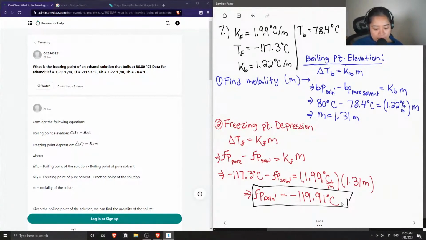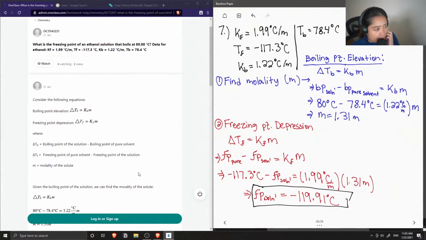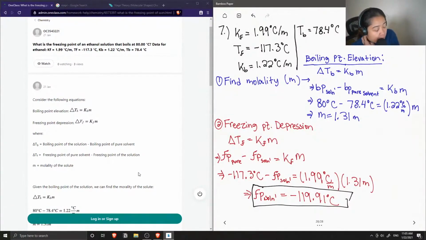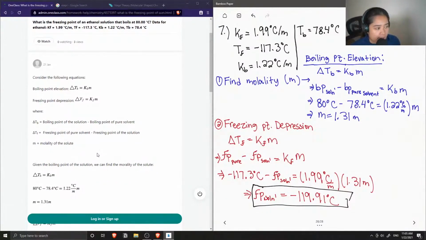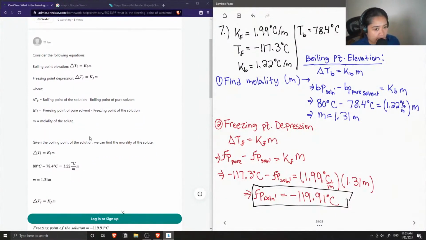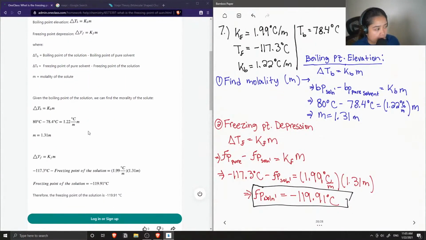Okay, so now let's see what the junior tutor said. Consider the following equations: the boiling point elevation and the freezing point depression. And then they define what each of the variables mean. Okay, so that's helpful. And then given the boiling point of the solution, we can find the, I think they mean molality of the solute.